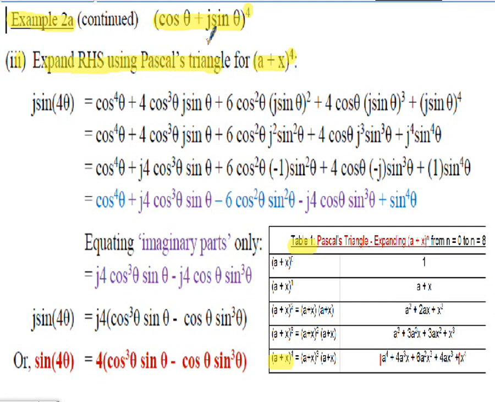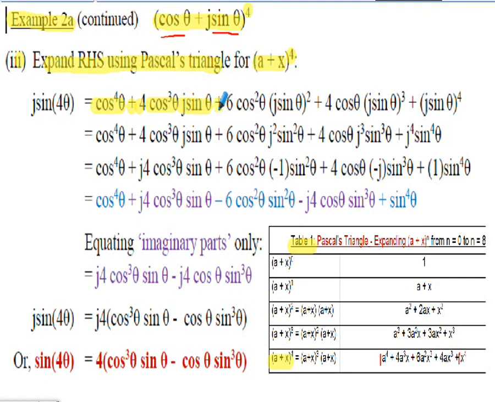So in this case the a is equal to cos theta and the x is equal to the sine theta. So following the pattern through for the a plus x to the power of 4, our first term will be cos theta to the power of 4, plus 4 multiplied by the a cubed x term, so that's cos cubed theta in this case, multiplied by the j sine theta.